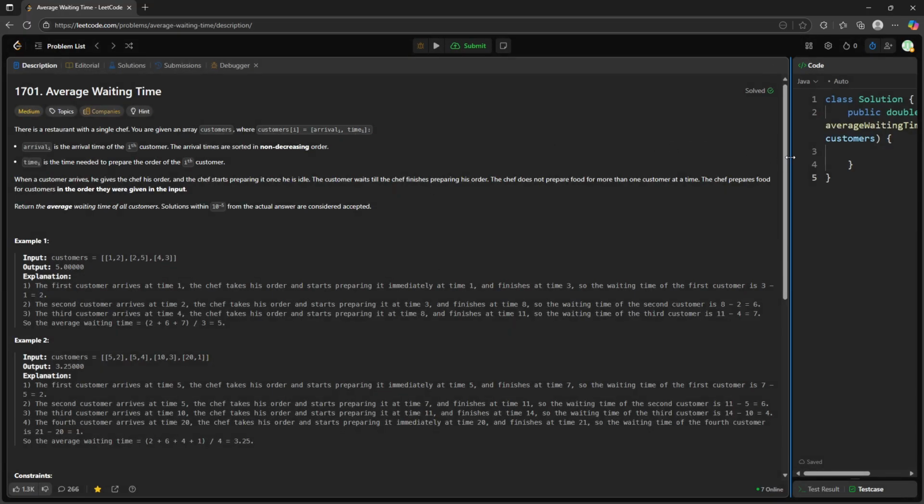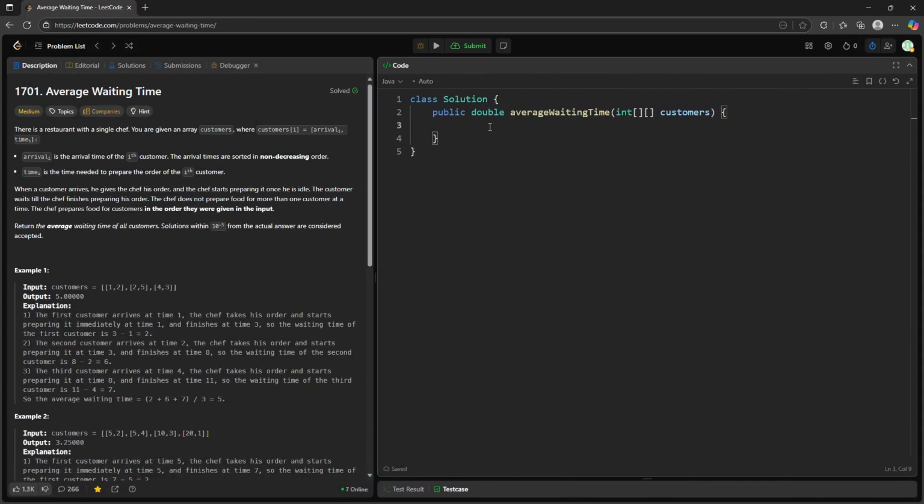So let's see. Since we are returning a double, I'm going to say double wait equals 0D, and then current equals 0D. Then for each customer in customers, current will become Math.max of current and 1D times customer 0.